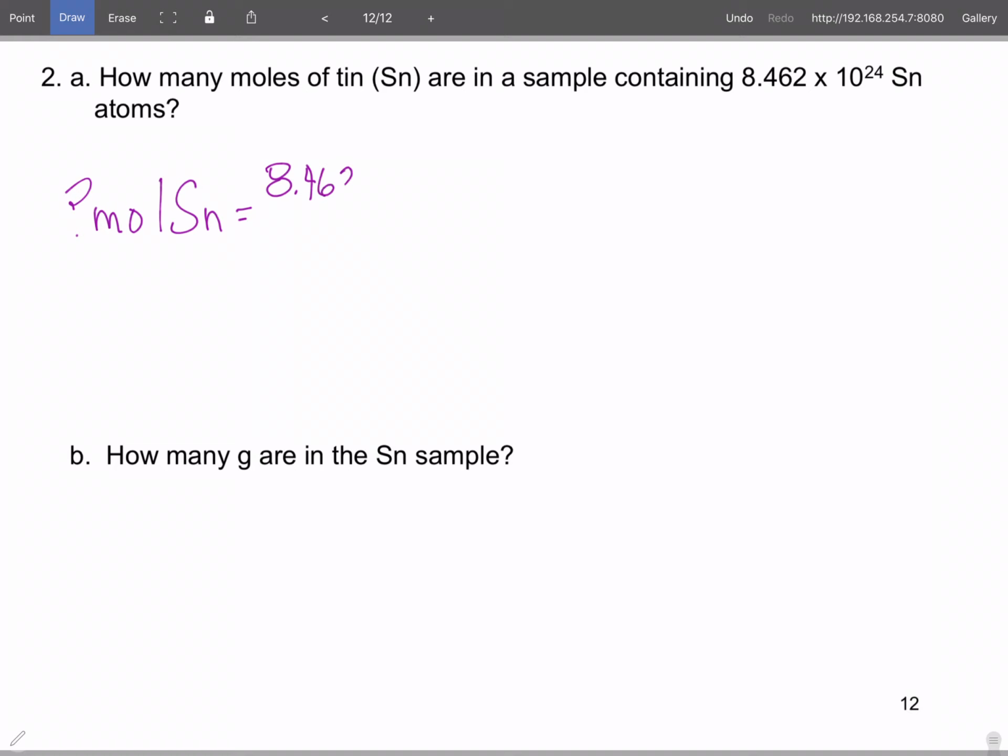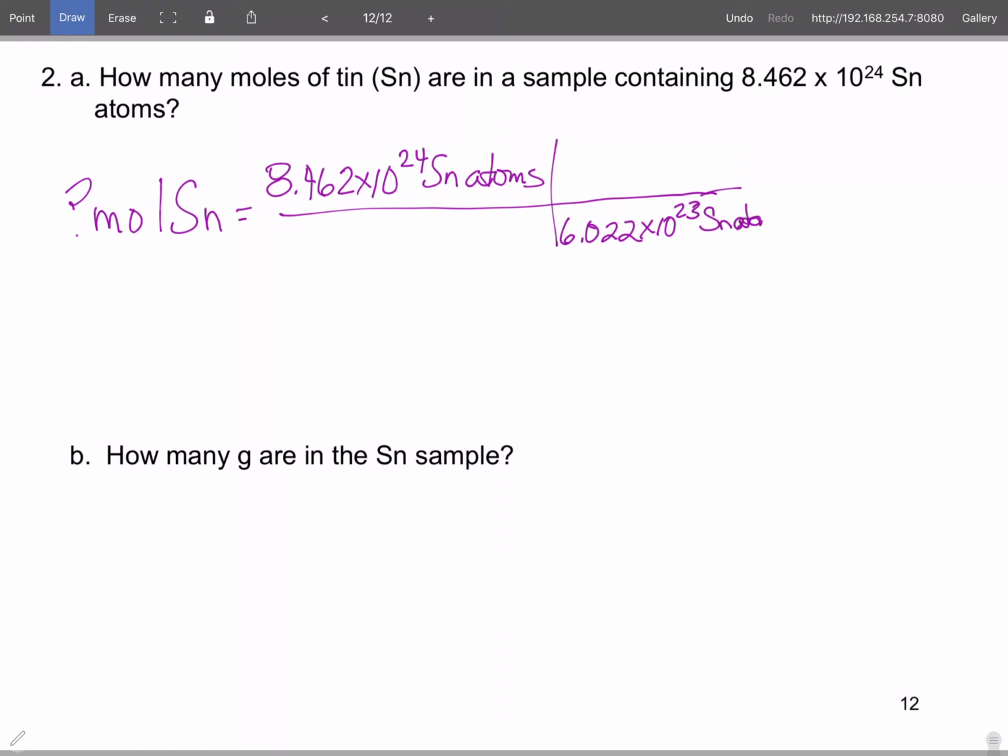In this case, it is that many atoms, and we need to get rid of our atoms, so atoms are going to go on the bottom. So what we have with atoms is Avogadro's number. There are 6.022 times 10 to the 23rd tin atoms for every 1 mole of tin.